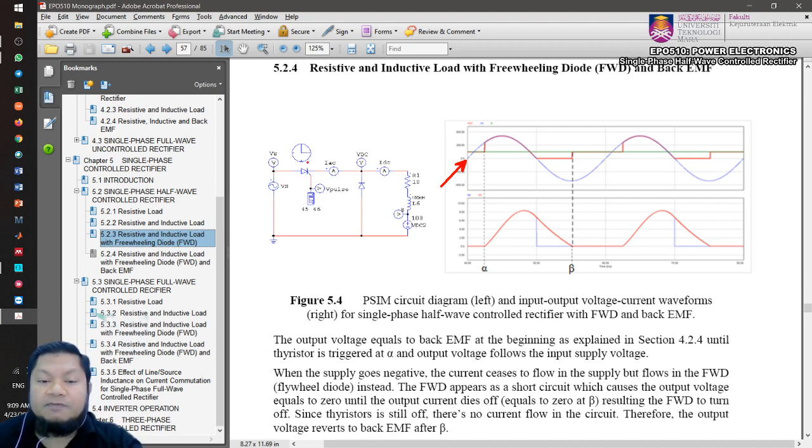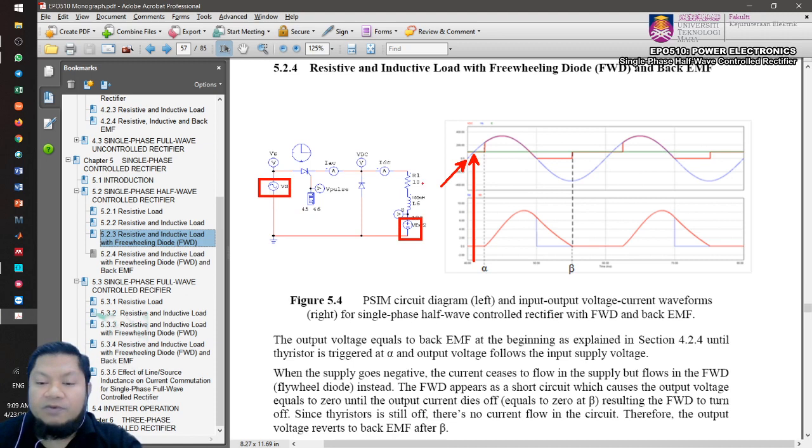It is forward biased, but it still waits for alpha for the thyristor to be triggered. Therefore just after you have alpha, but you must make sure that alpha is beyond this intersection between the back EMF and the supply voltage.